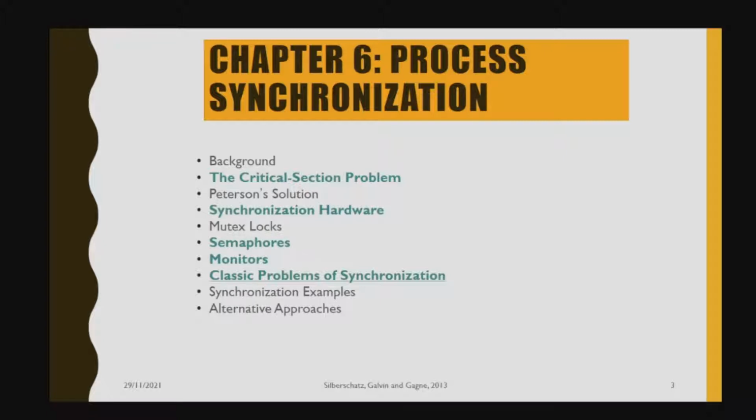Then we have the synchronization hardware. We learned about the hardware, and then the semaphore, the variable that we use, and the monitor. We also talked about the lock part, the mutex locks.